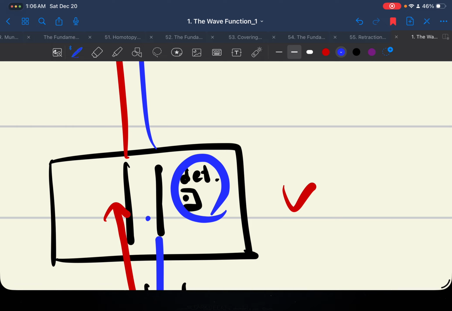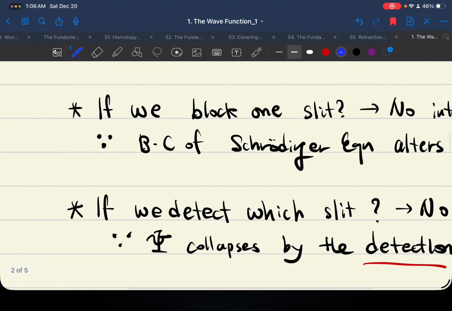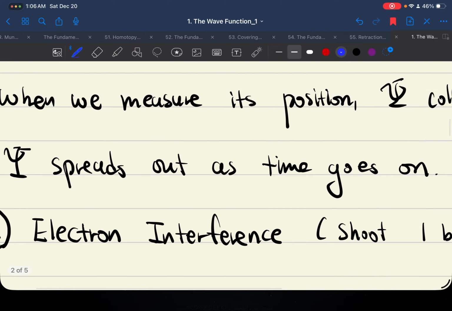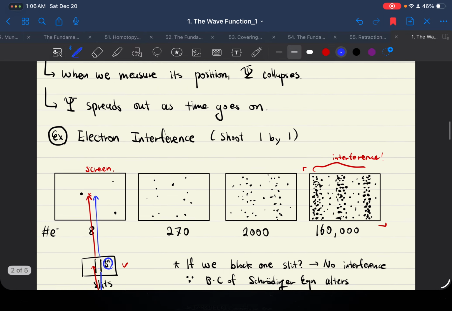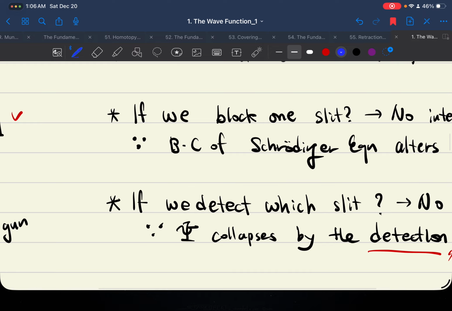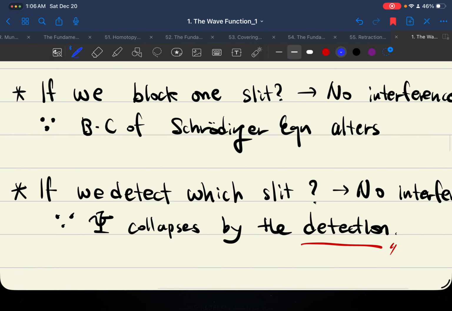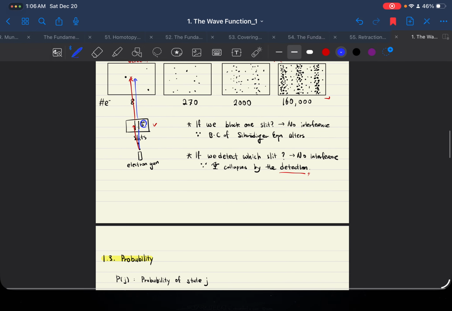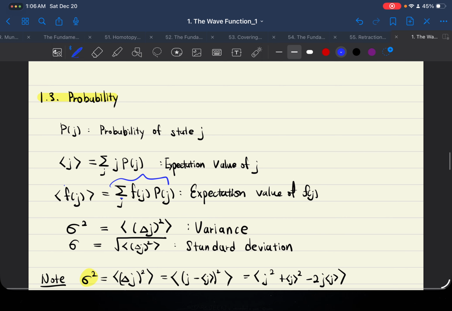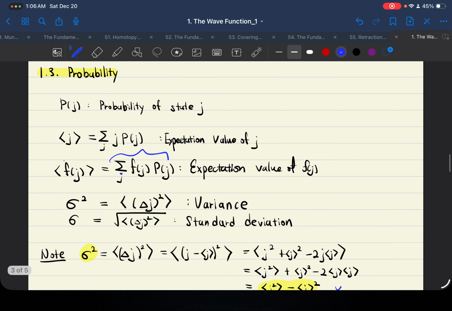So measurement collapses the psi wave function. The wave function collapses like this peak, and there is no longer wave nature of the electron at that site. So psi collapses by the detection. This is the reason why. And third, about probability.